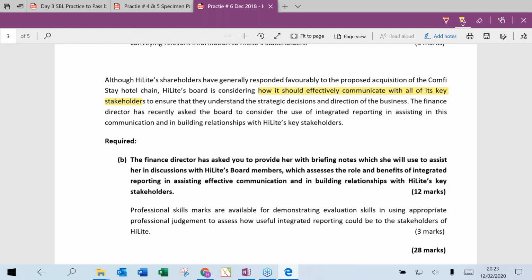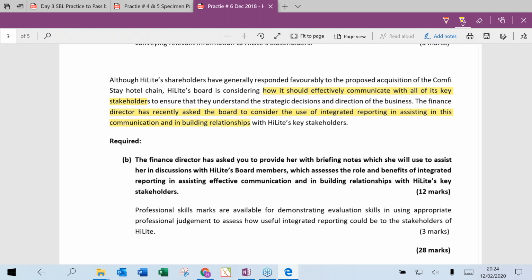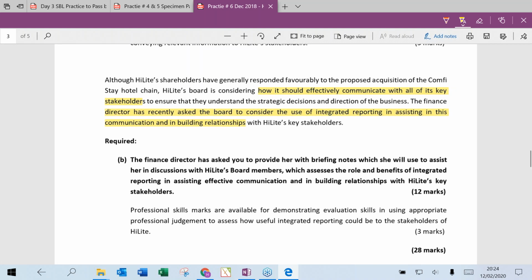The finance director has recently asked the board to consider the use of integrated reporting in assisting in this communication and in building relationship with Highlight's key stakeholders.